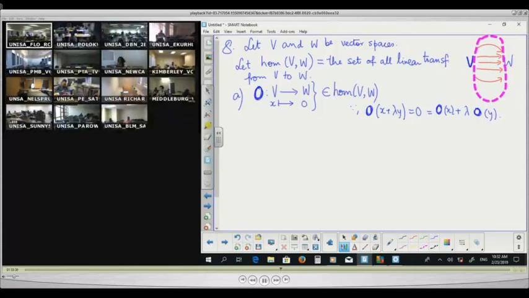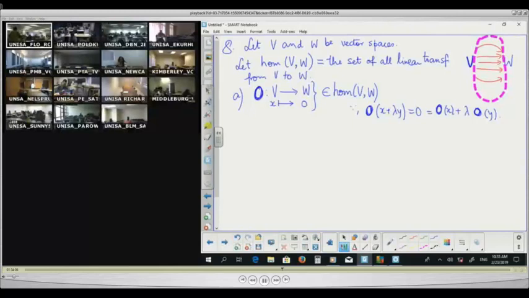It's written, it's the set of all linear transformations from V to W. That's what I drew over here. This set contains these arrows, these linear transformations. To tell a set I must tell what is there.